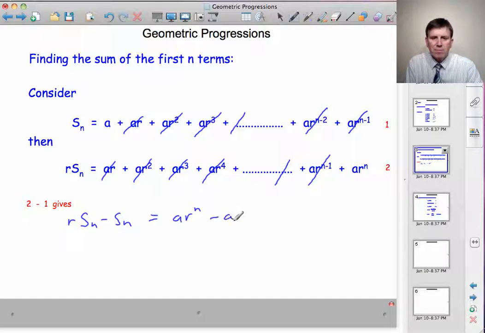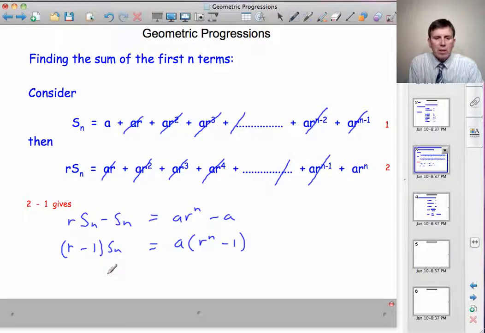And we can simplify that. We can say that's r minus 1 lots of Sn is equal to, take out the common factor of a, and we've got r to the n minus 1. And then we can say the sum to n terms is equal to a(r to the n minus 1) divided by this bracket here, divided by r minus 1.